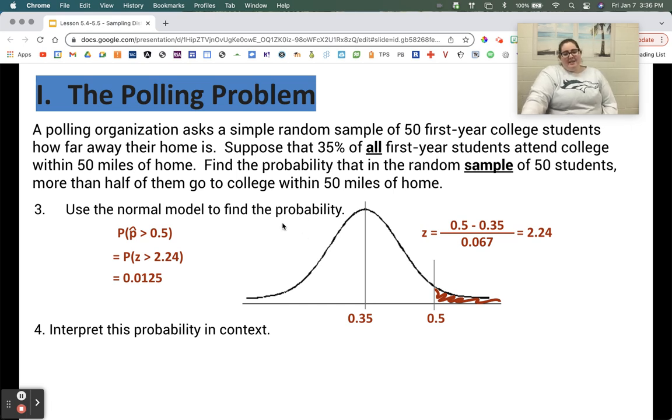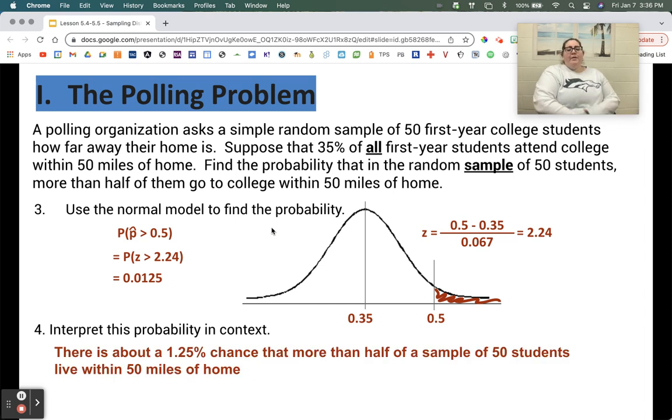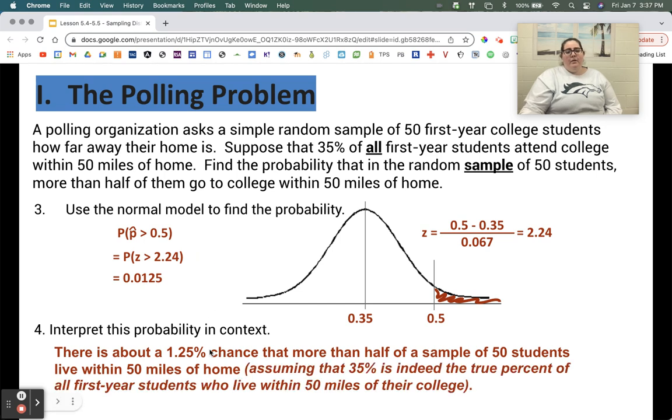So there's about a 1.25% chance, or you could just say a 0.0125 probability that more than half of a sample of 50 students lives within 50 miles of home. And that's my answer for this particular problem.